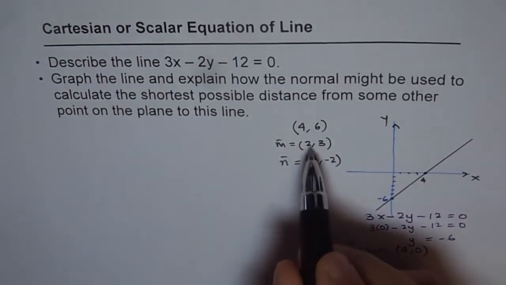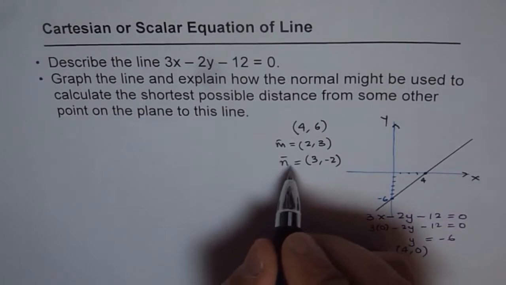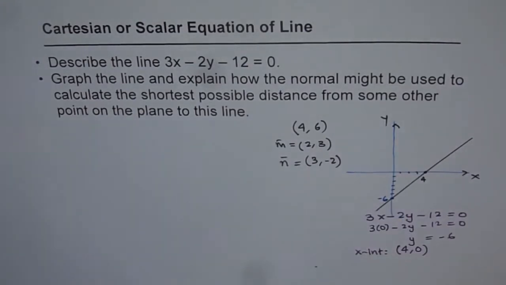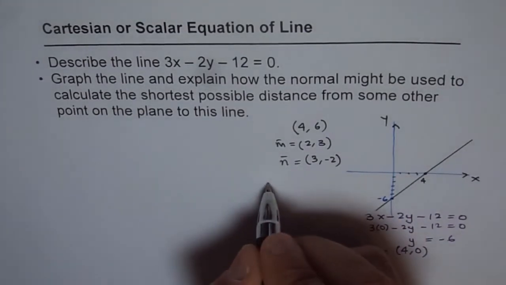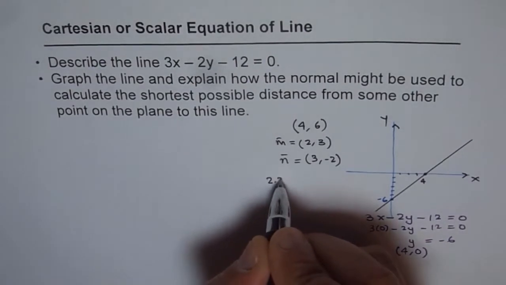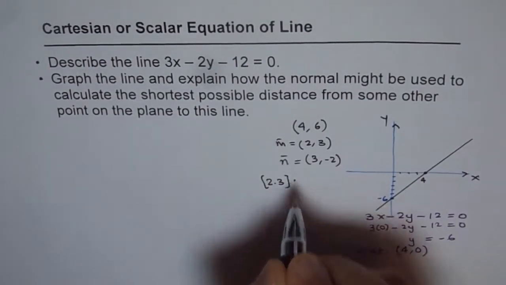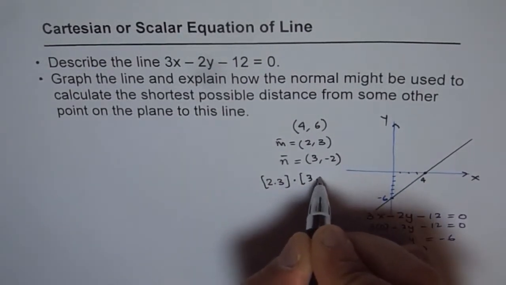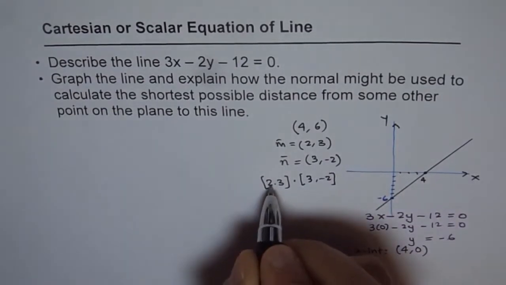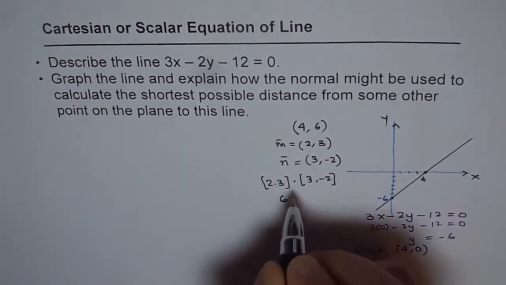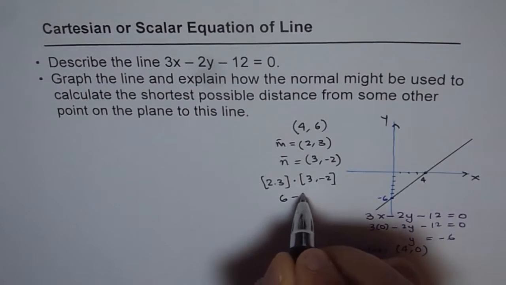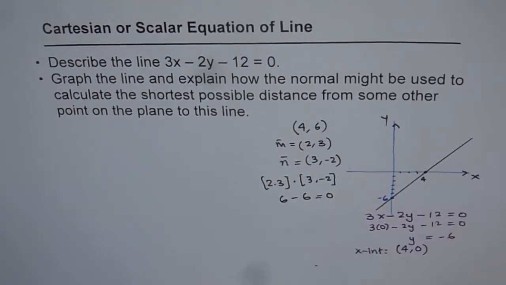Now if this really is the normal, then their dot product should be 0. So let's test it out. The dot product is (2, 3) dot (3, minus 2). 2 times 3 is 6 and 3 times minus 2 is minus 6. That is indeed 0.